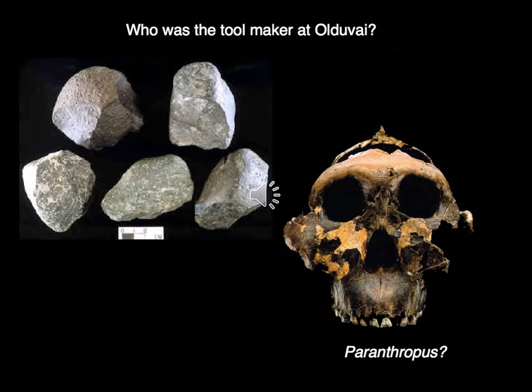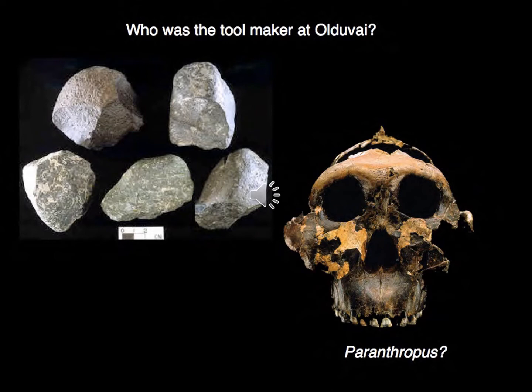Remember that Paranthropus, the genus, covering boisei in East Africa and robustus in South Africa, they look like very specialized vegetarian diet creatures because they have a big sagittal crest like a gorilla, large chewing muscles, and really big teeth.